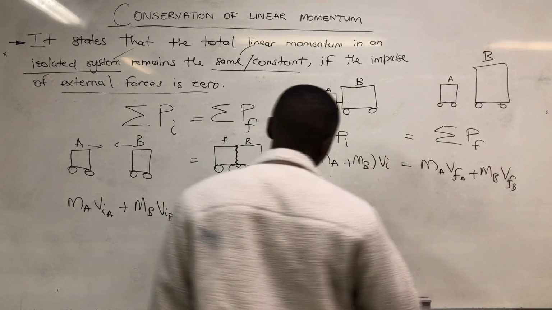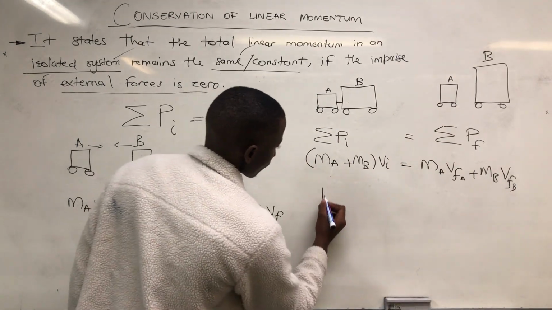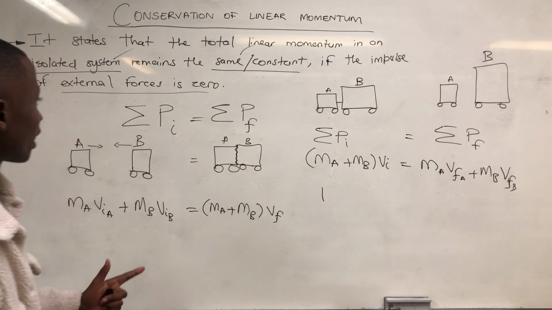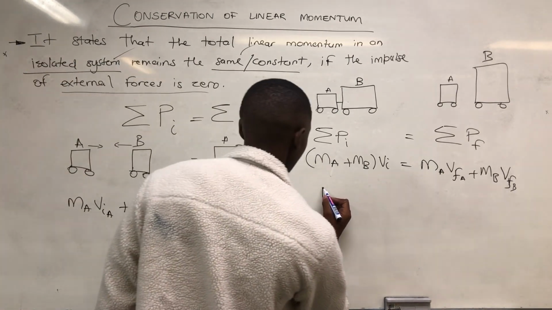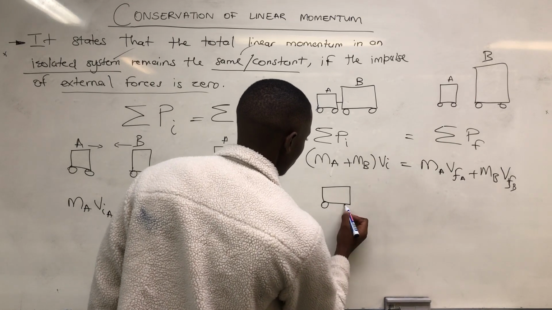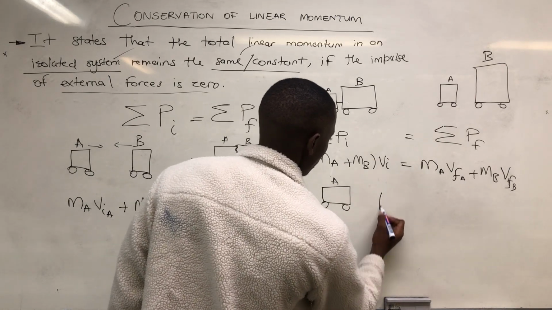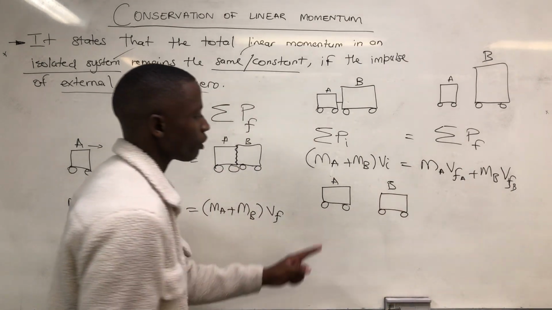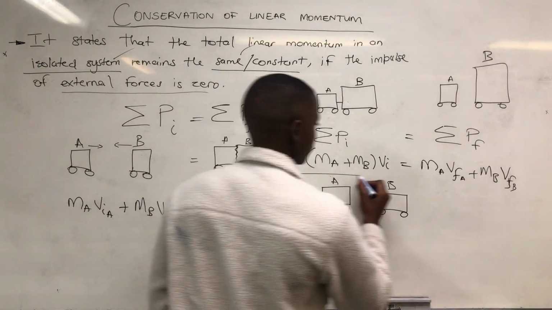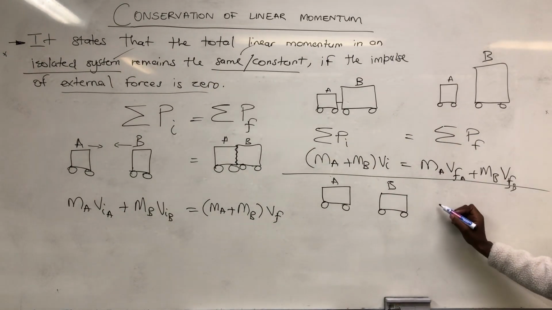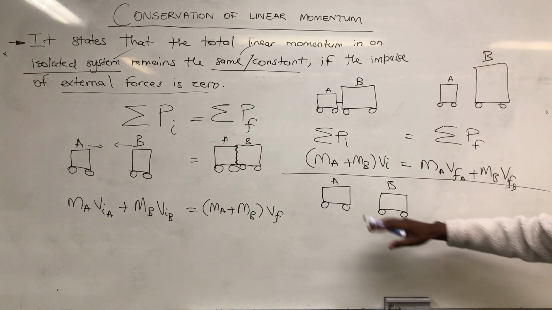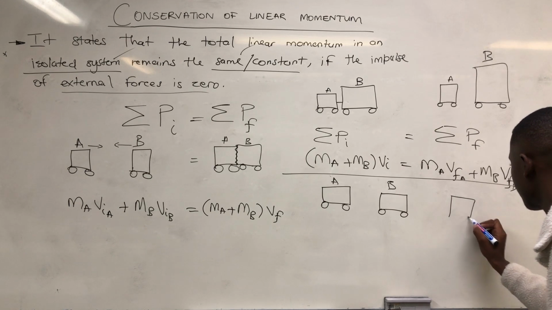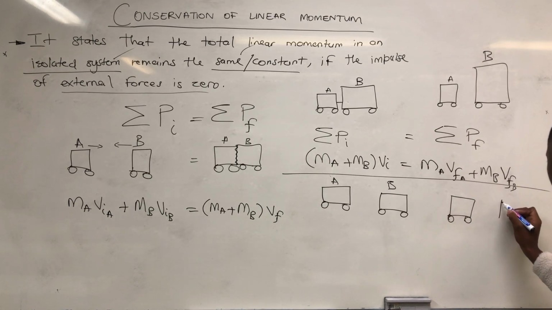And lastly, let's say for example, we have two objects that are separate. We have object A and we have object B. Just say like that, and this is the sum of initial momentum, and in the end, they are still separate objects.